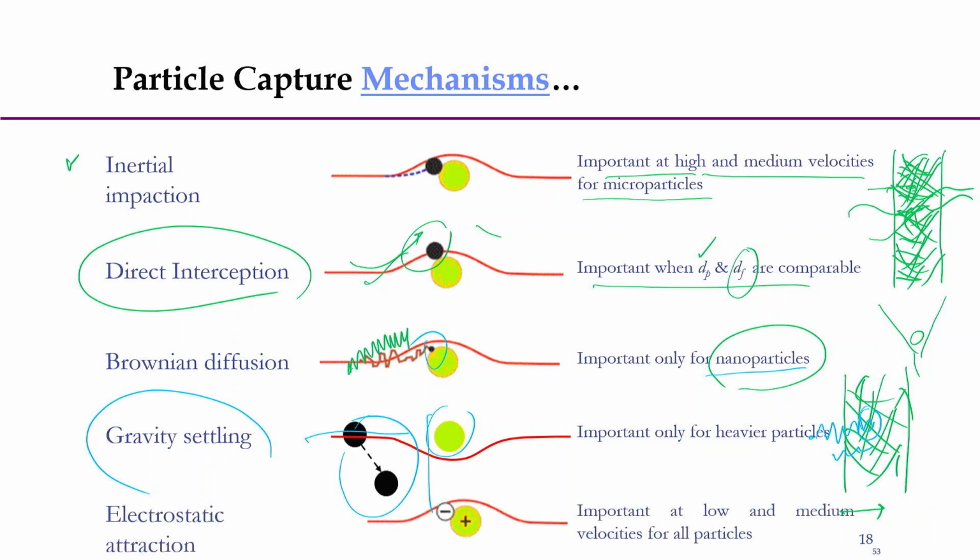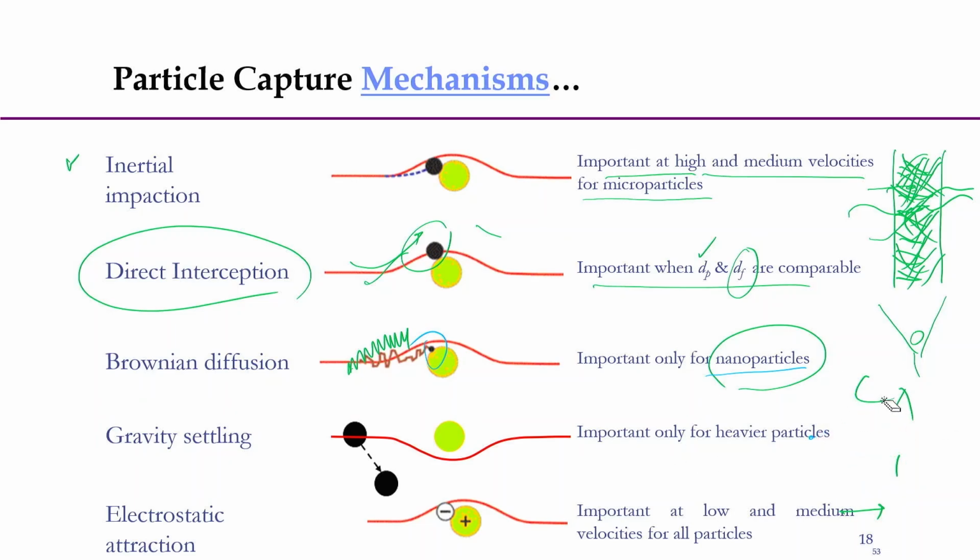And the last one is electrostatic attraction. So, when the fiber is charged, the electrode charged, the opposite charged particle will get attracted to the surface.